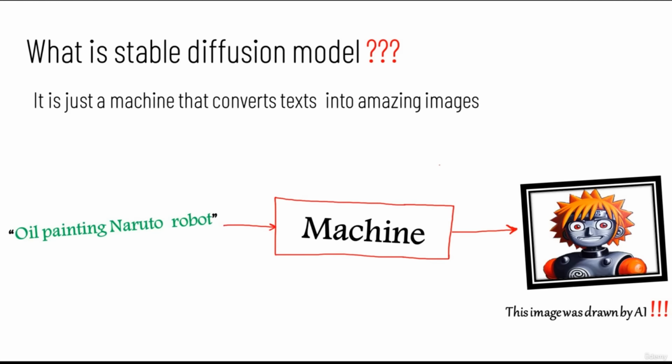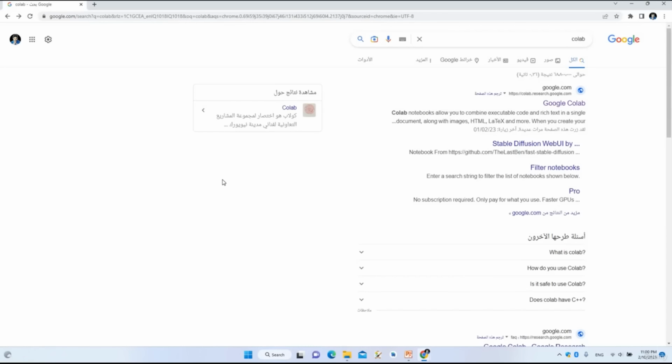But before talking about how to create them from scratch and how to train them, let's use a pre-trained stable diffusion model, which is a model that trained previously on very large number of images. Here we will use Colab notebook to write and run our code.